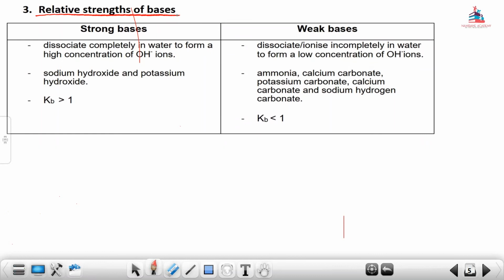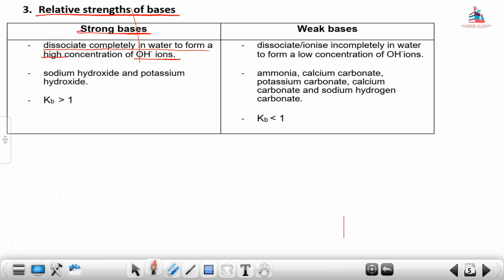For one to qualify to be a strong base, it must dissociate completely in water to form a high concentration of OH ions. So the definition of a strong base is a substance that dissociates completely in water to form a high concentration of OH minus ions.